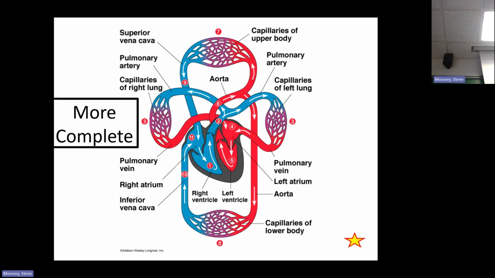And then we're going to split into left and right pulmonary arteries. We go to the 2 capillary beds in the lungs where we make that exchange. The oxygenated blood is leaving, coming back through the pulmonary veins. We go back to the left side of the heart, our left atrium.